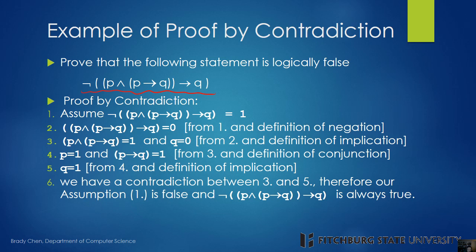Now with proof by contradiction, we just assume that this statement is not logically false, so let's assume this is true. Now we try to use all the facts that we listed in the previous slide, and eventually show this is not possible. The first thing we need to do is, if this is true, then because there's a negation, by the definition of negation, this is false.